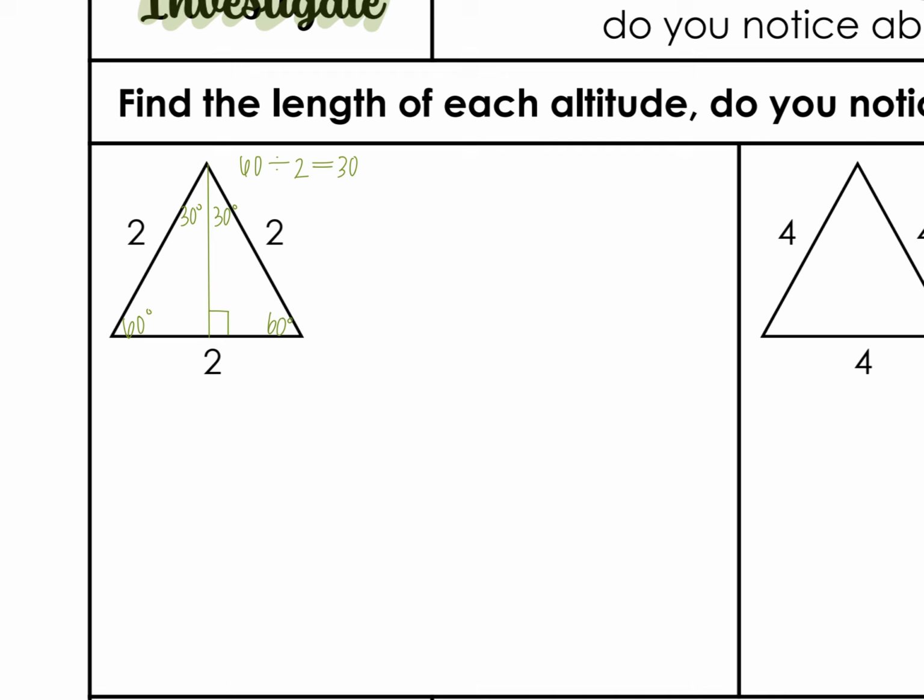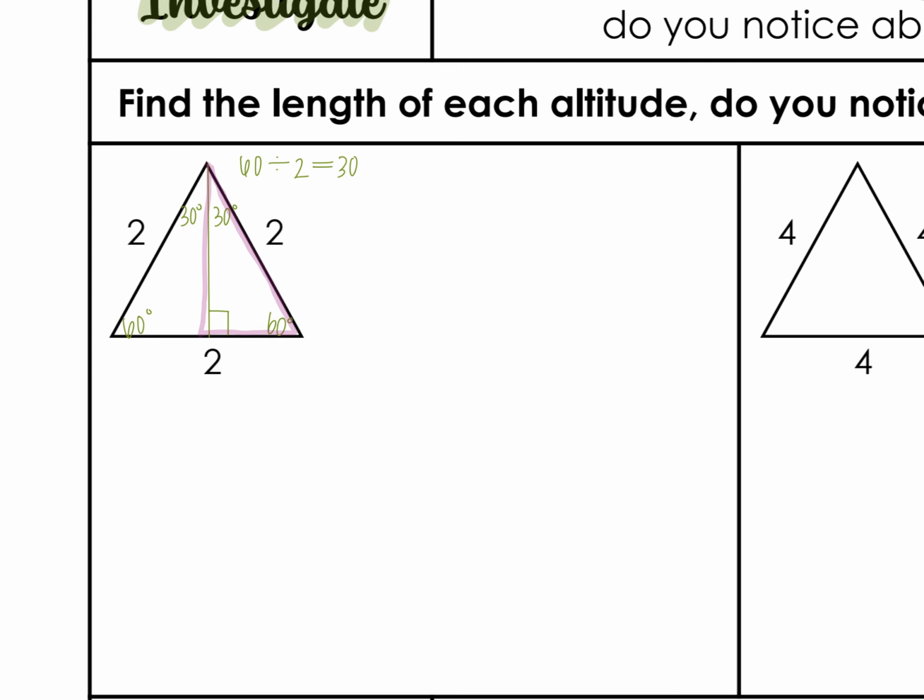Okay, so keep in mind, once again, on an equilateral triangle, because we've got these lovely right triangles being formed here. Let me highlight it. So once again, keep in mind, when you have an altitude on an equilateral triangle, not only does it bisect the vertex, it's going to bisect the side.